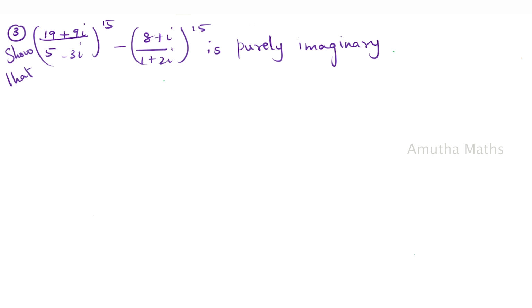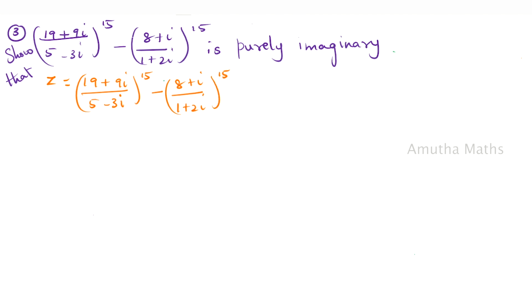So let Z is equal to 19 plus 9I divided by 5 minus 3I the whole power 15 minus 8 plus I divided by 1 plus 2I the whole power 15.